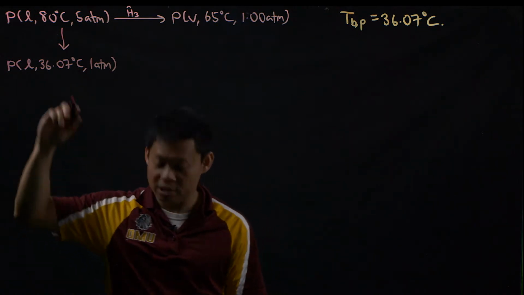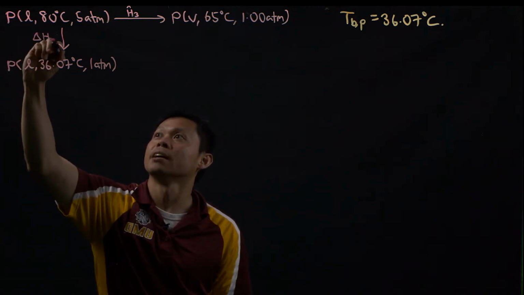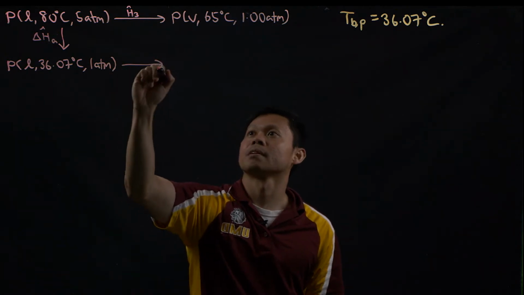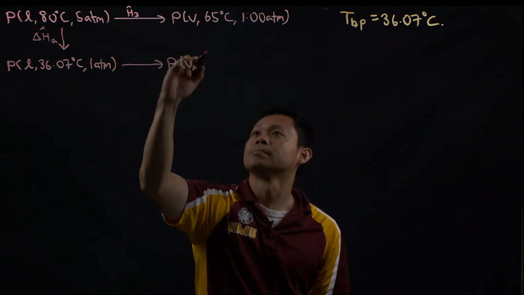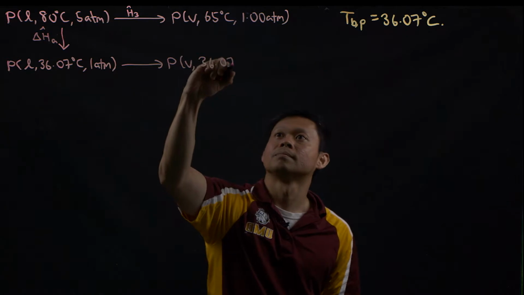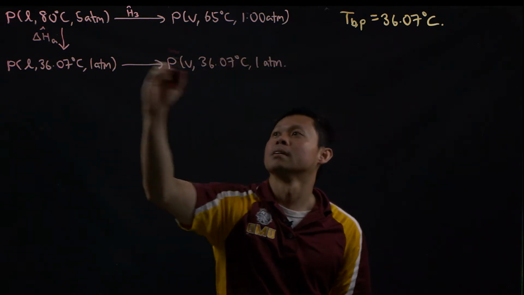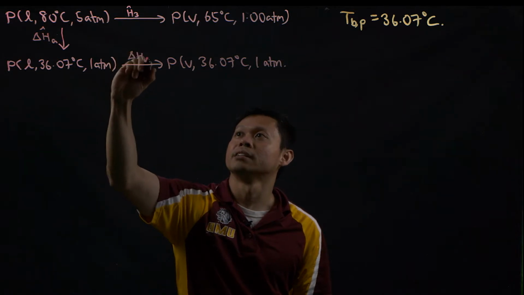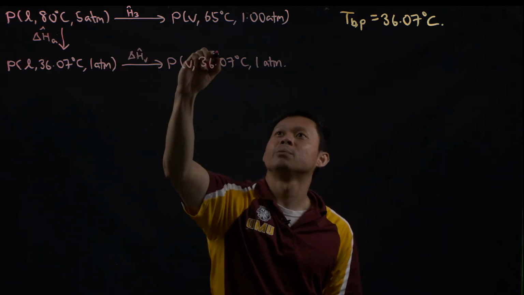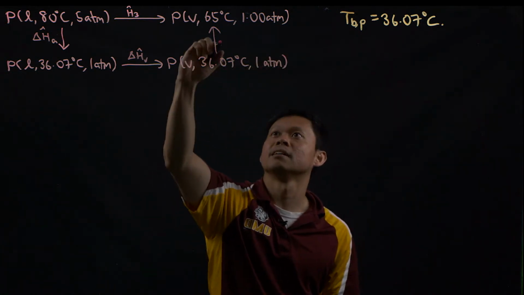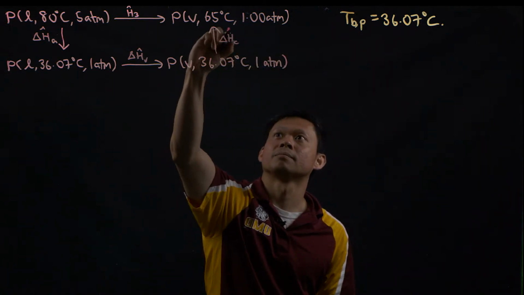So we're going to bring this down here, and we're going to call this step delta HA. From here, we can vaporize it. So this is our latent heat of vaporization. And then eventually we can bring it back up to the conditions that we want, now that we have the correct state, and this is going to be delta HB.